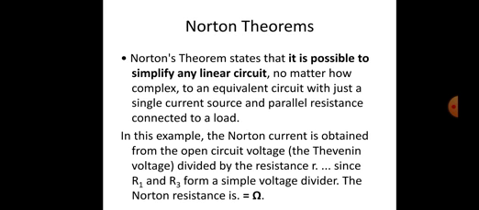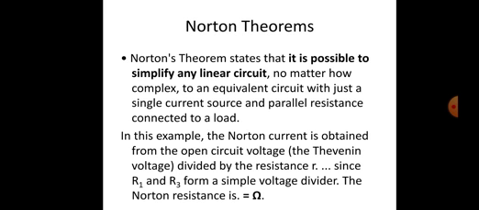The value of the current source is the short circuit current between the two terminals of the network, and the resistance is the equivalent resistance measured between the terminals of the network with all the energy sources replaced by internal resistance.